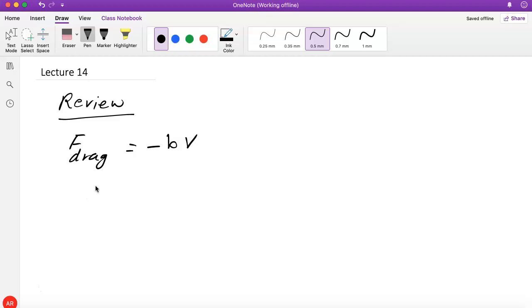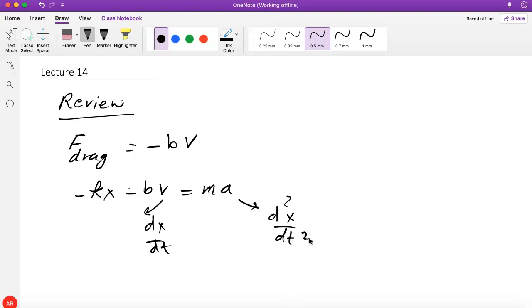So the problem: minus kx minus bv, the spring force and the drag force, is equal to ma. v is dx/dt, and the acceleration is a second derivative.